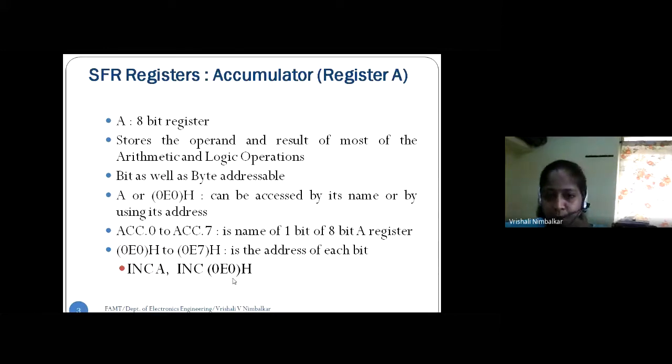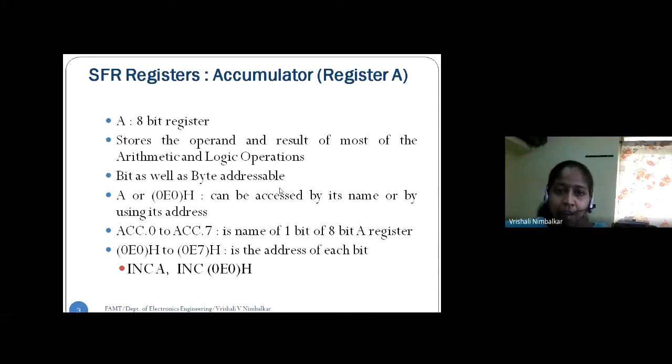Right? And hope by now you should remember, if the address or the data begins with an alphabet, it should have a prefix of 0. So the address should be written as 0E0 hex. Refer by the name A or refer by its address E0.